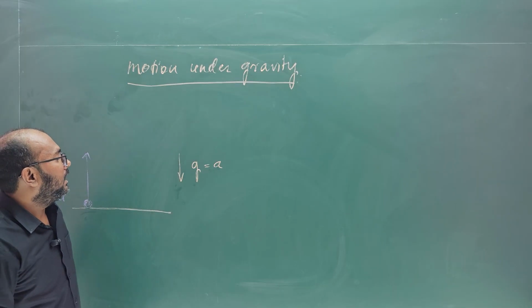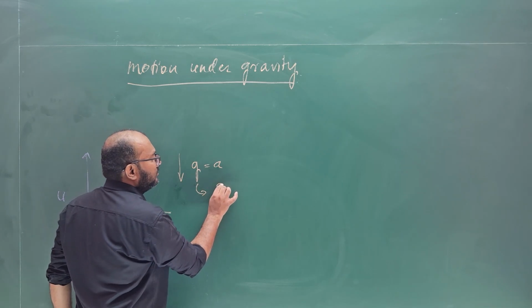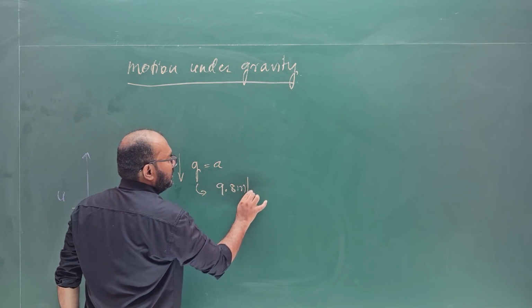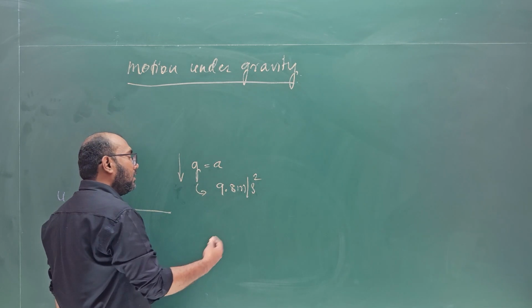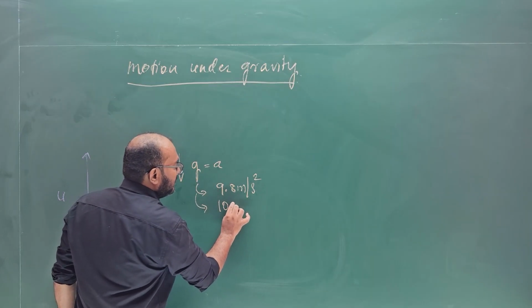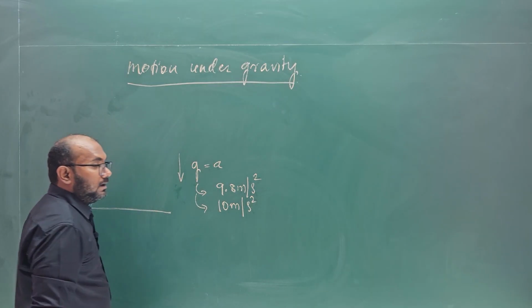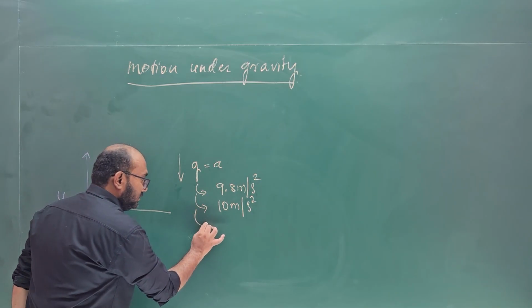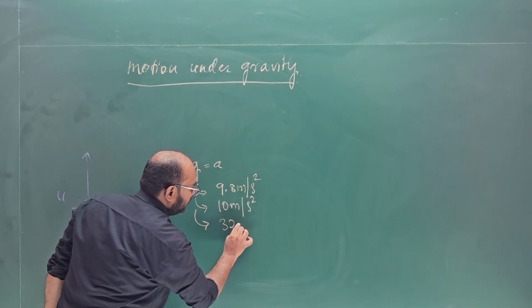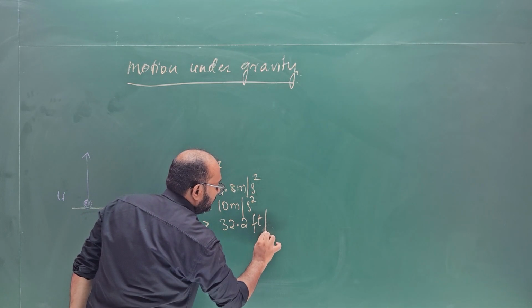Now, this g has a value of 9.8 meter per square second, or sometimes we will consider it as 10 meter per square second. In terms of feet, this can be written as 32.2 feet per square second.